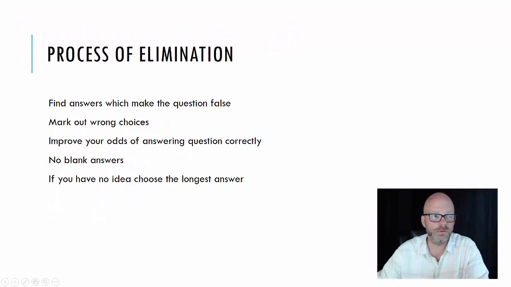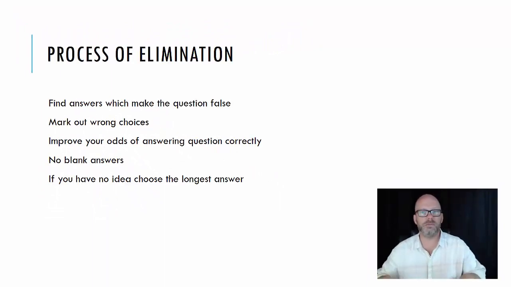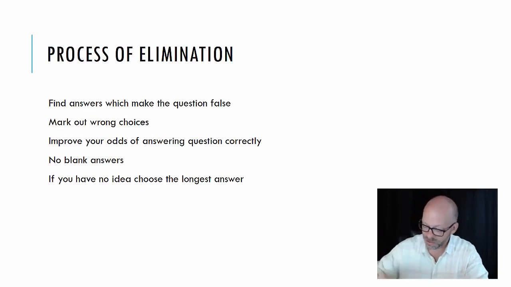My favorite approach for taking an exam is process of elimination. What I like to do is I used to write out on a piece of paper A, B, C, D, and then as I read the question, if I knew one wasn't right, then I would mark out, okay, I knew it can't be C, so now I have a 1 in 3 shot of getting this question right, or guessing.